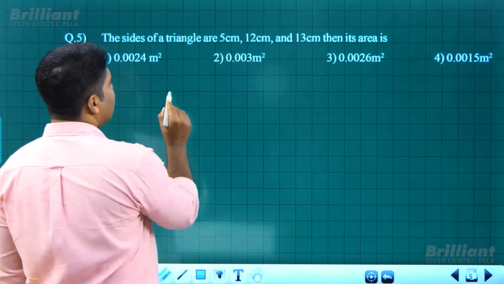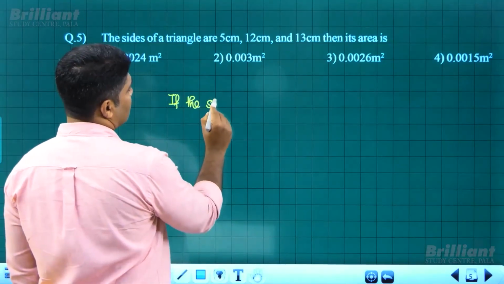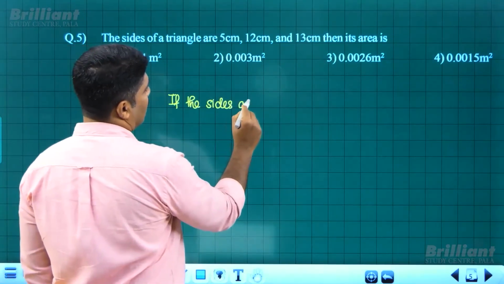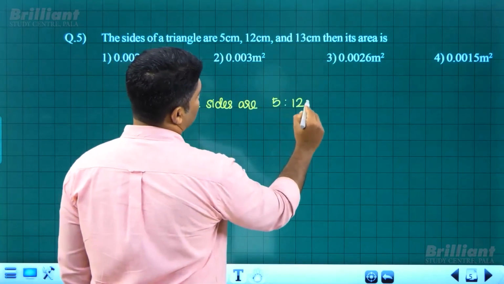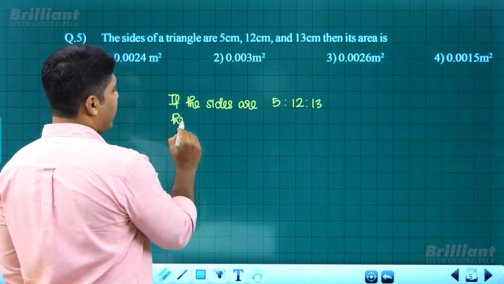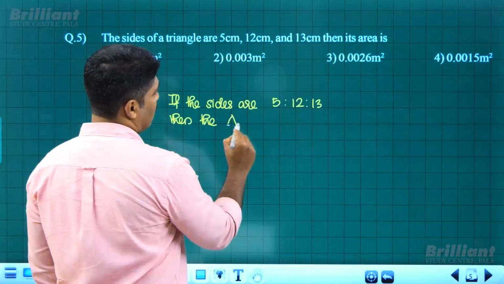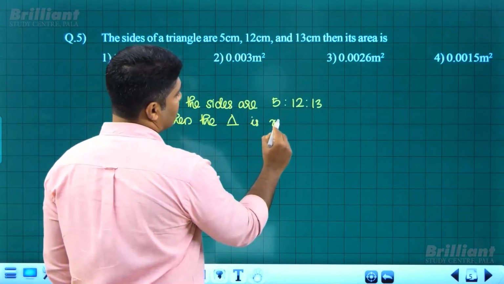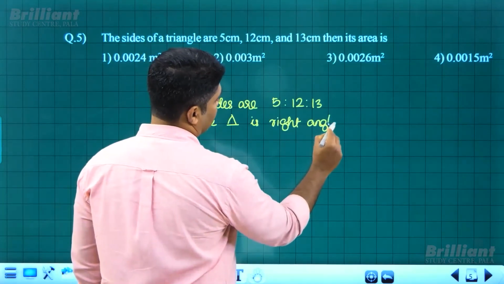So if the sides are in the ratio 5:12:13, then the triangle is right angled.